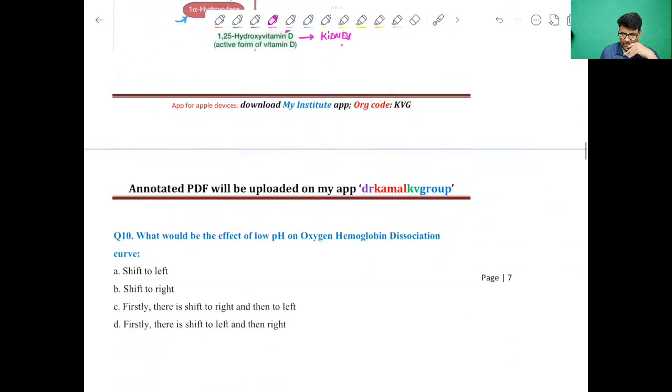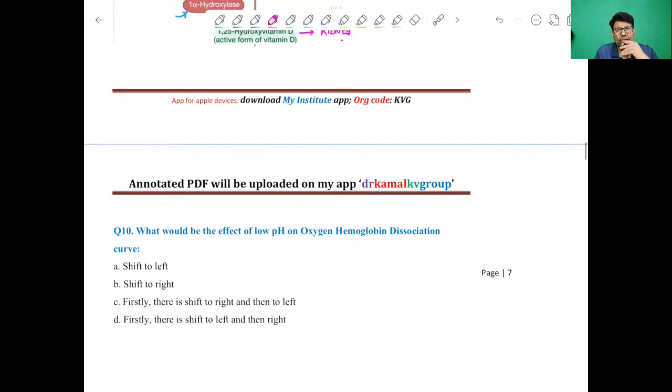Next question. Now this is again a very important topic, and many times you have questions from this segment. What would be the effect of low pH on the oxygen hemoglobin dissociation curve? Low pH, you can also call it acidosis.